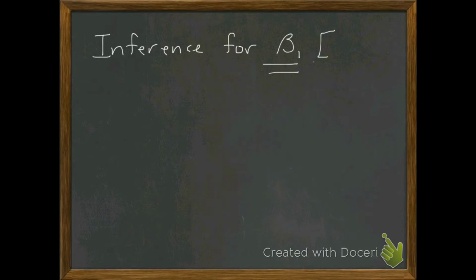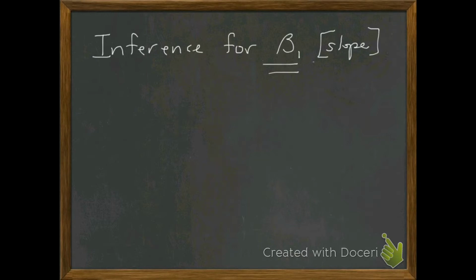Now, we're going to start here with, for this video, a very in-depth evaluation of the inference techniques for beta 1, which obviously is the slope of our model.